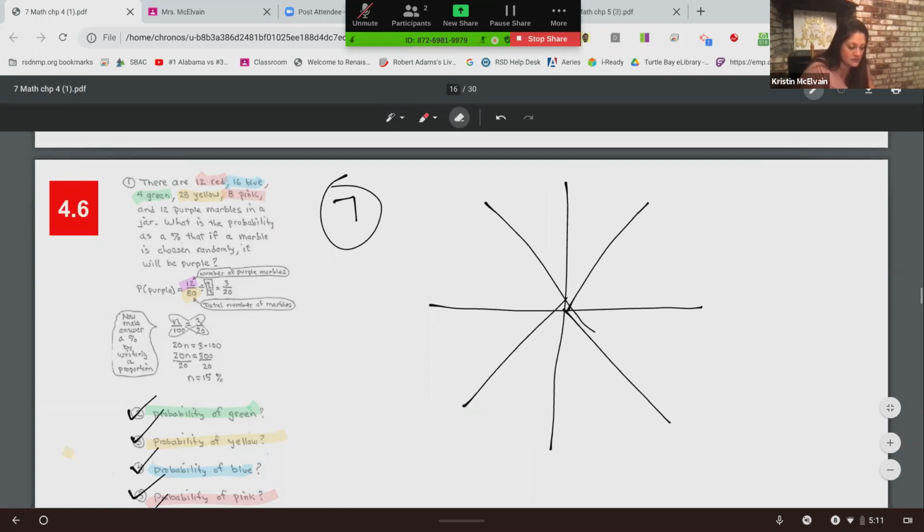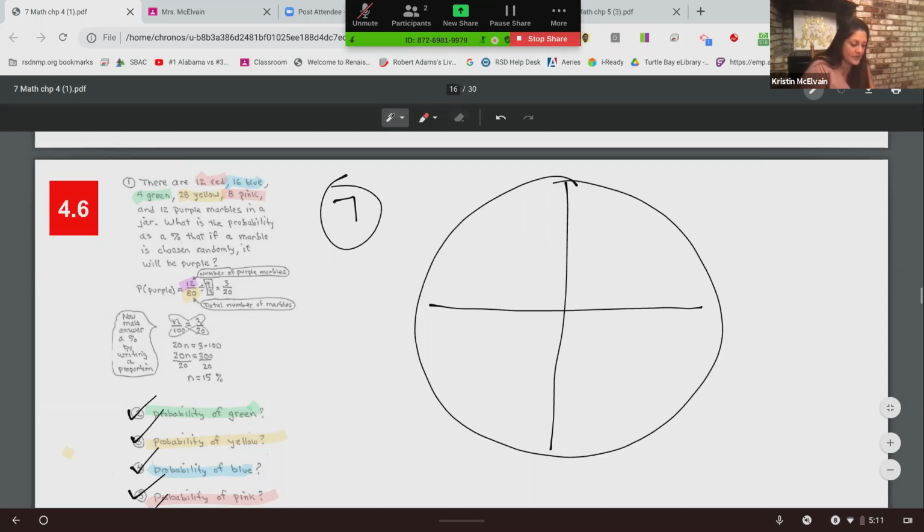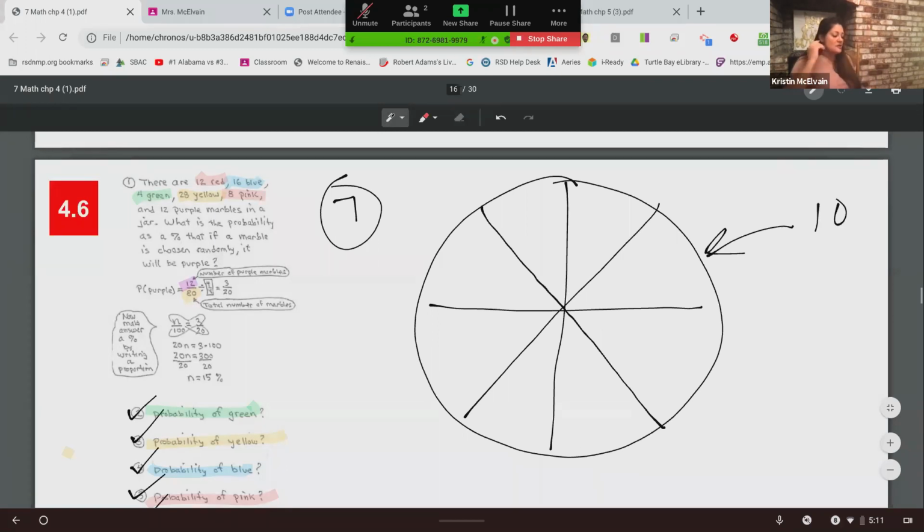Oops. Did I really erase? All right. I'm going to redo then since I have my eraser on. Oh, that one's way off. All right. There we go. Okay, so in each of these, there are 10. Okay. So if there are 12 red, that is going to be, let's see here, 10.